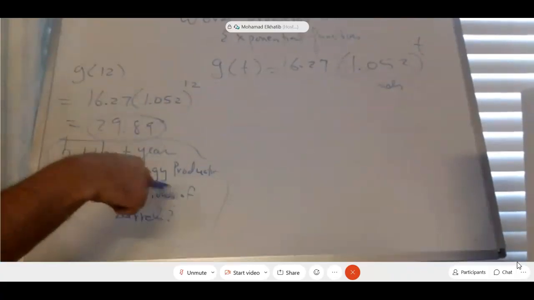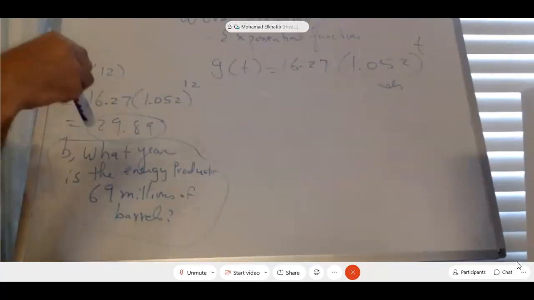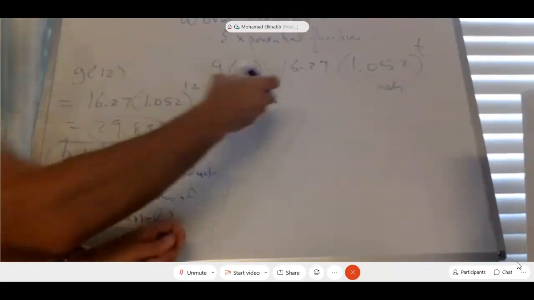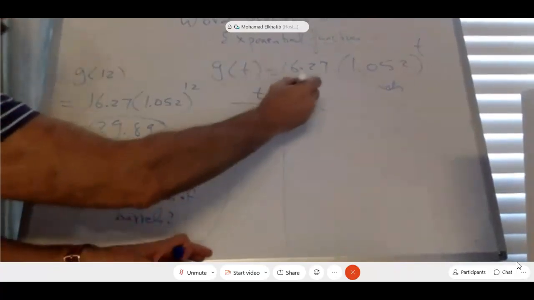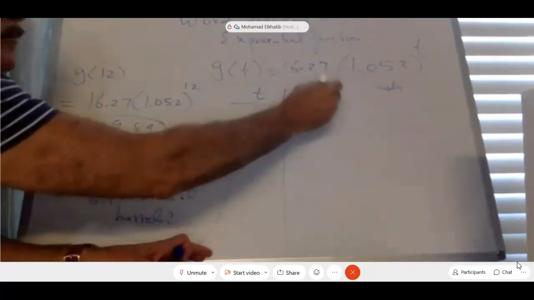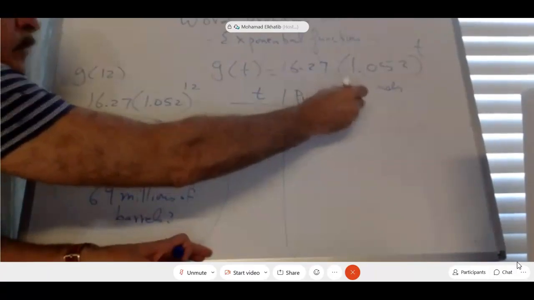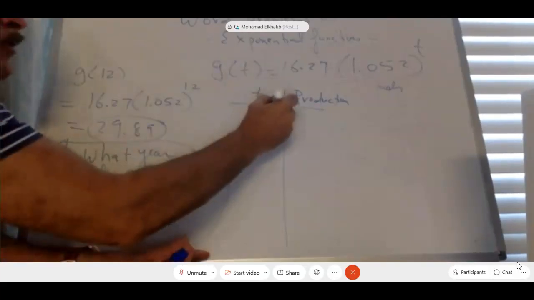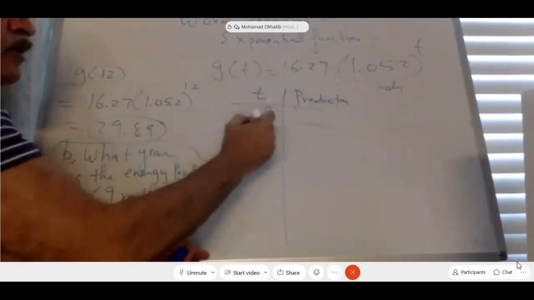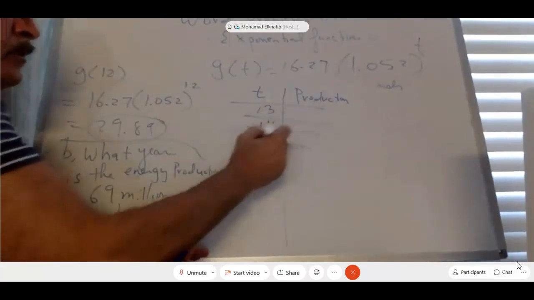I need 69 millions of gallons. So I have to pick T larger than 12. So I make a table. I put the T and the production here. So I have 12. So I use T 13, 14, 15, 16.